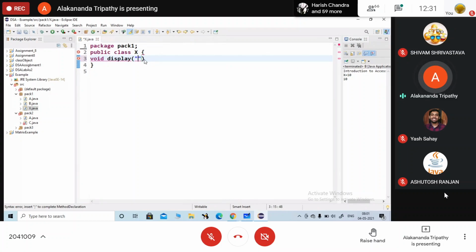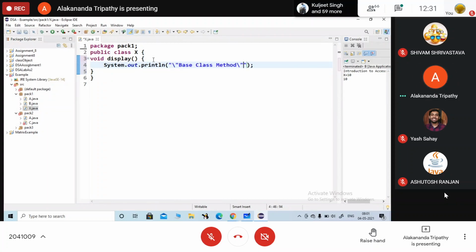Single inheritance, or I will write here base class. Sorry, I have done a mistake here. Someone tell me what mistake I have done here. Okay. Here I am using the base class method.